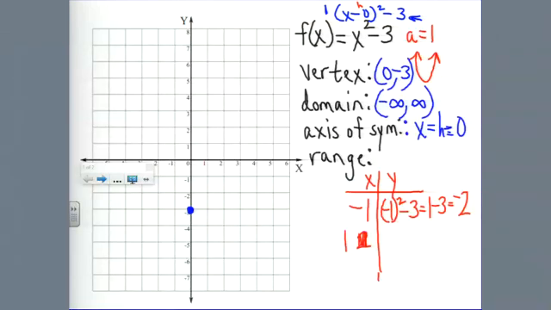If we let x equal positive 1, then we have 1 squared minus 3, which also garners negative 2 for y. So let's plot these other 2 points.